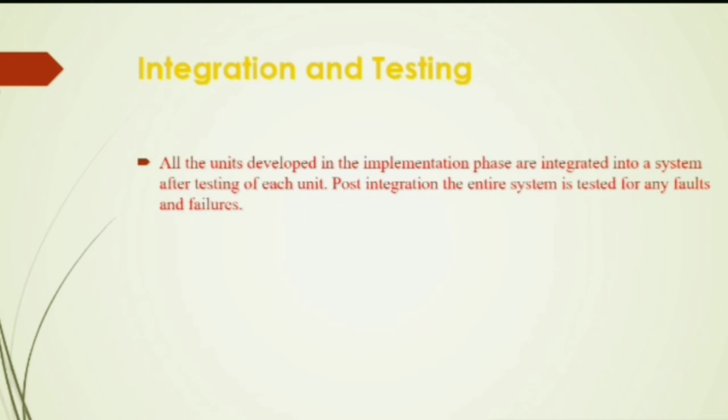Phase 4. Integration and testing. All the units developed in the implementation phase are integrated into a system after testing of each unit. Post integration, the entire system is tested for any faults and failures.